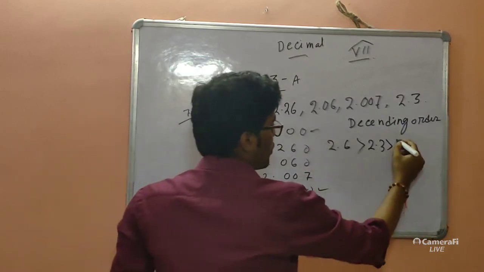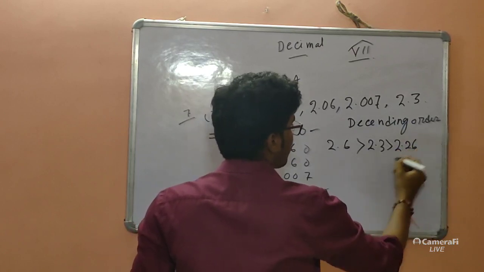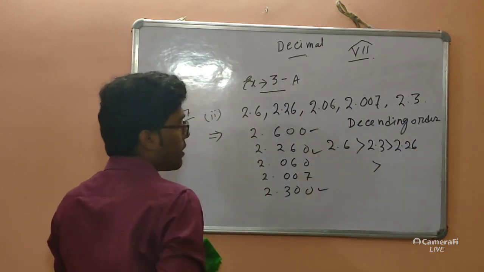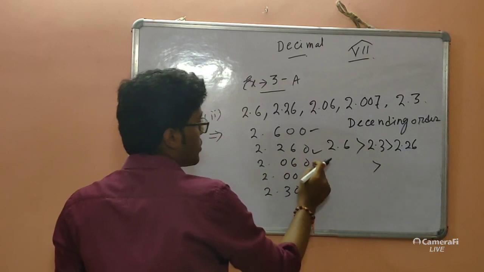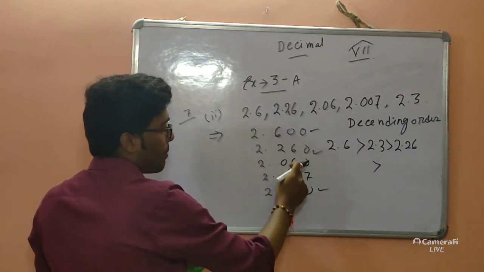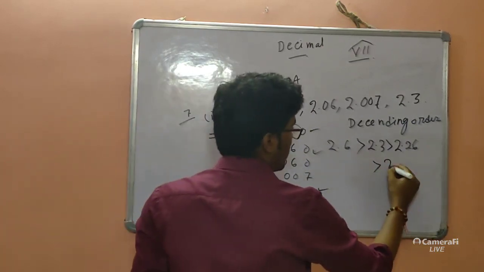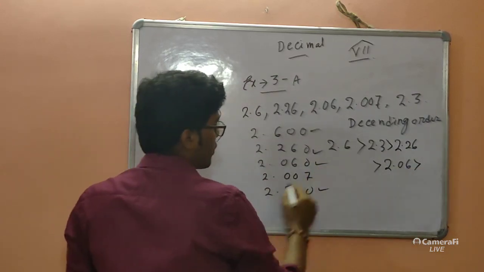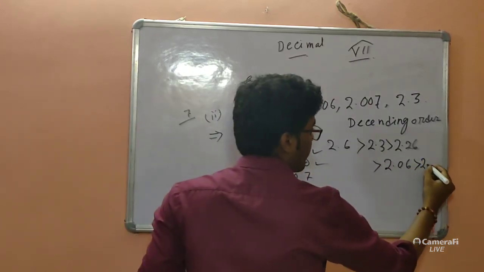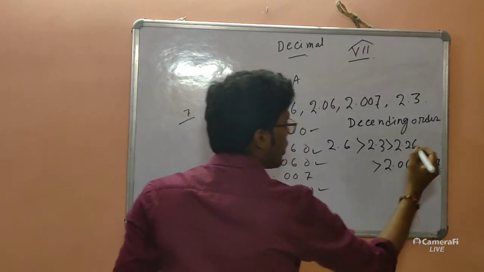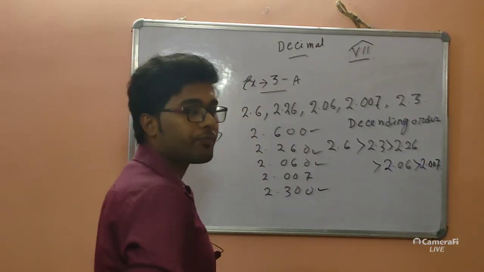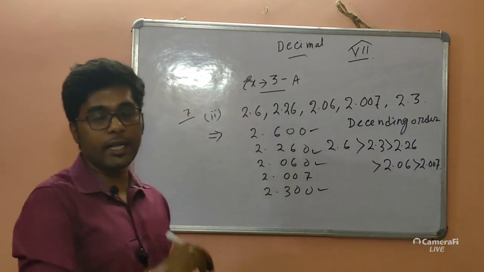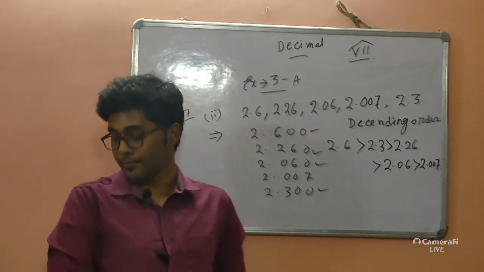Obviously this one, so we write 2.26, greater than. Now 2.060 and 007. Obviously this, so we write 2.06, and finally this, greater than. This one is left, so at last we write 2.007. Clear? So that is how a descending order sum is done.